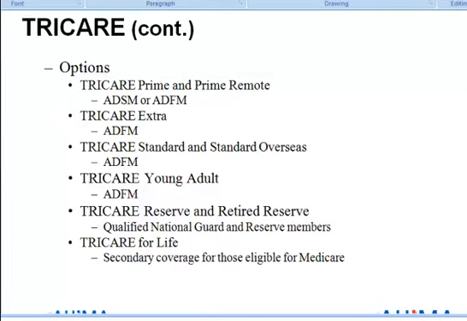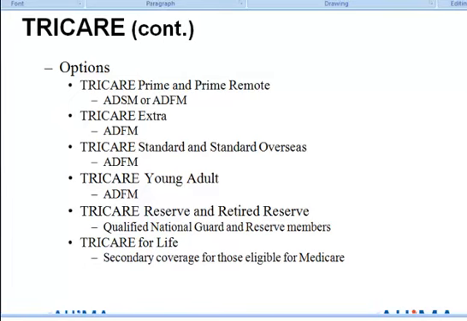Someone would qualify if they are a child of one of those persons just mentioned, they are between 21 and 25 years old, they are unmarried, and they're not eligible to enroll in an employer-sponsored health plan tied to their own employment.